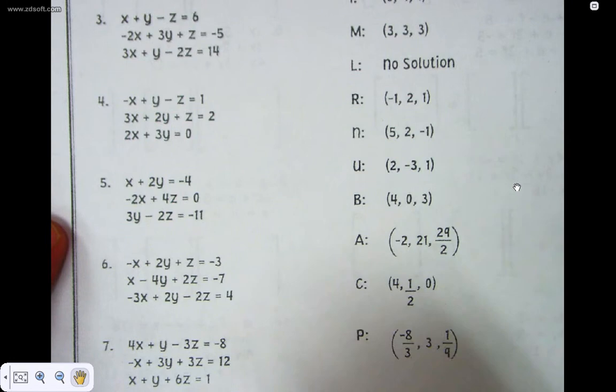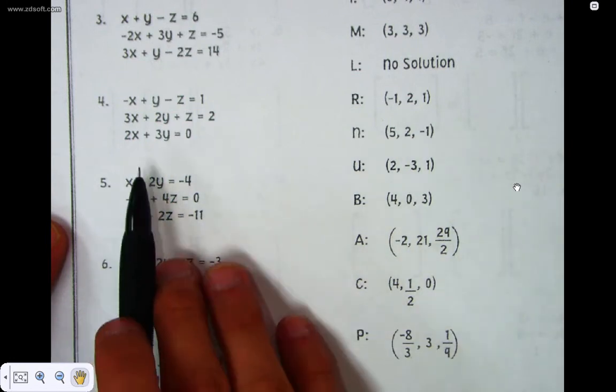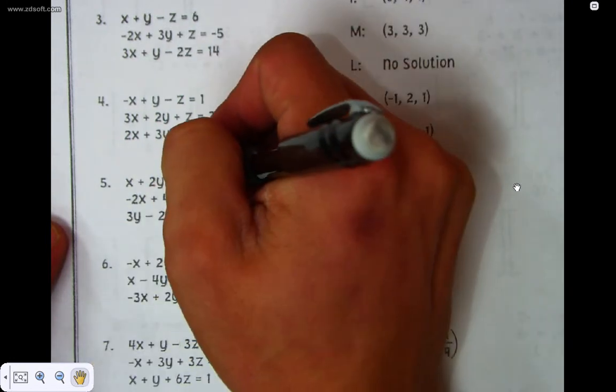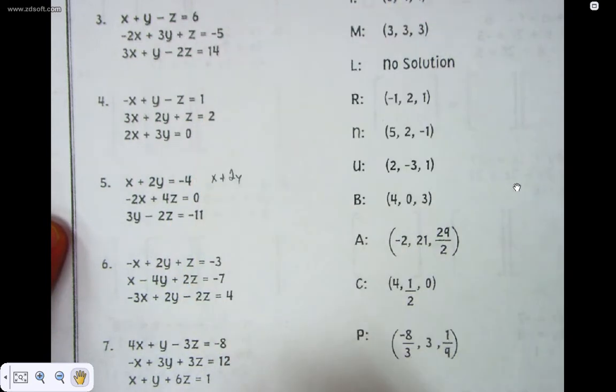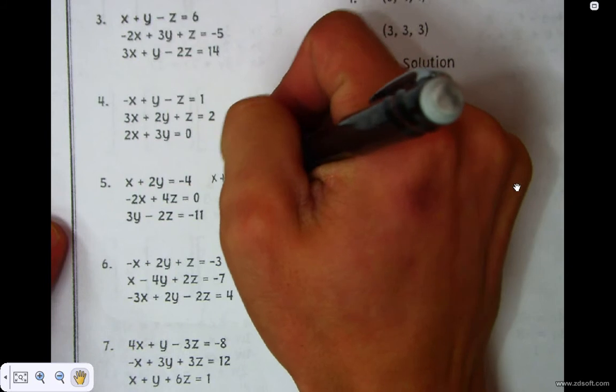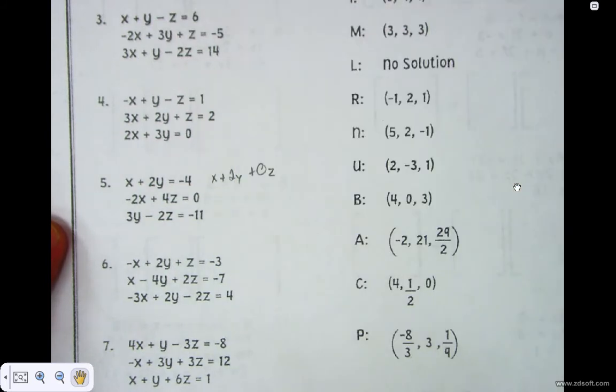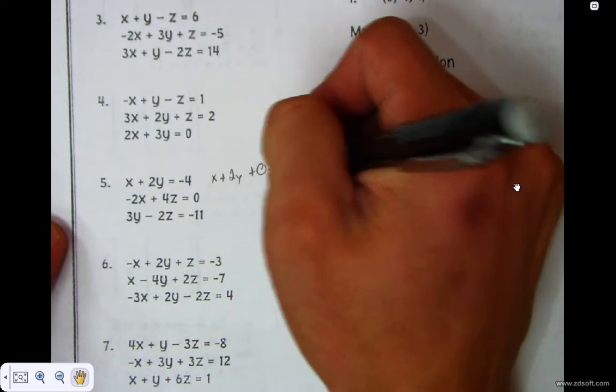So I'm going to go ahead and rewrite these equations. So I should have x plus 2y. Now I don't have any z's on that first equation, so I'm going to write plus 0z, because when we enter that into our matrices, we need something to hold that place value for z. All right? And that's going to equal -4.